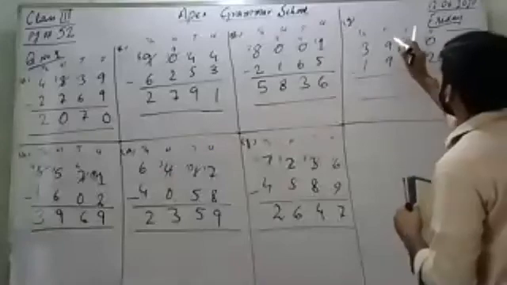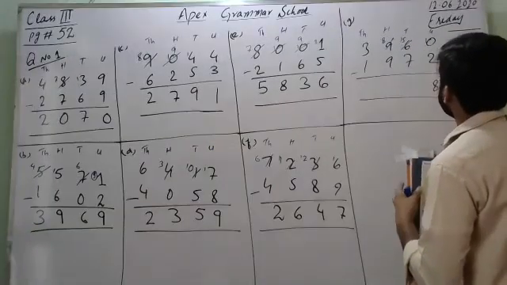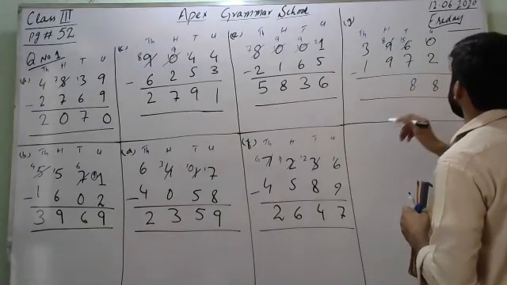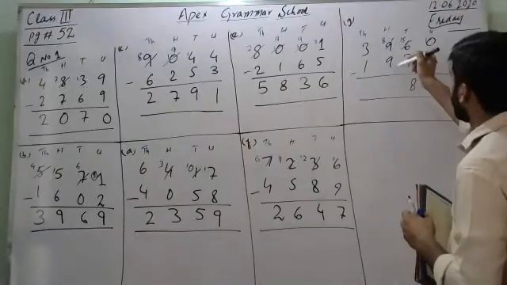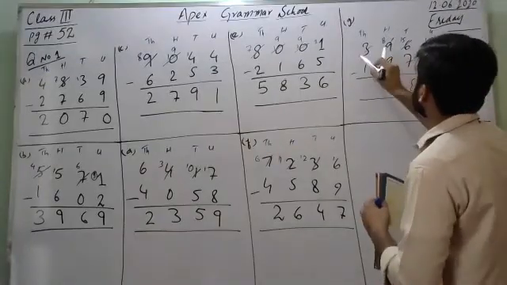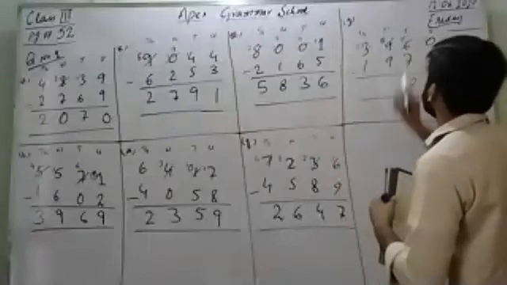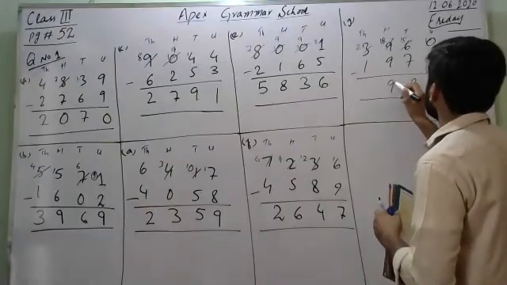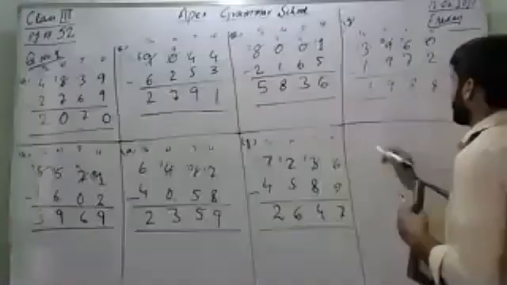We will take carry from this 9. 15 minus 7 is 8. 8 minus 8 is smaller and 9 is greater. 18 minus 9 is 9 and 2 minus 1 is 1.